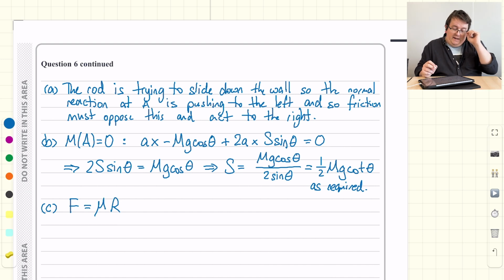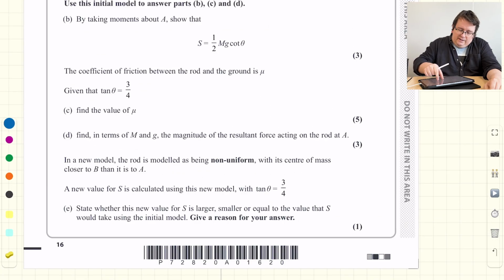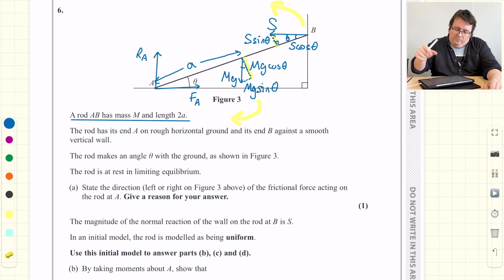So we need to think about resolving forces here. Let's resolve vertically first, taking upwards as positive. I need to keep going back between these two diagrams, don't I? So the normal reaction is travelling vertically.